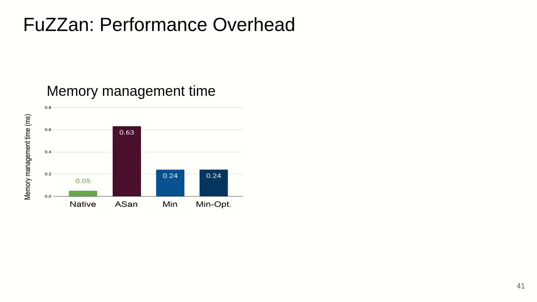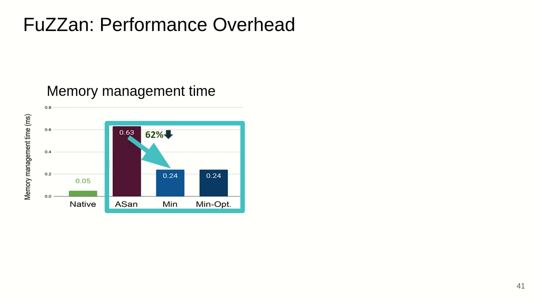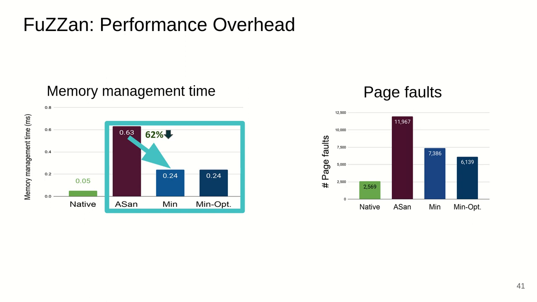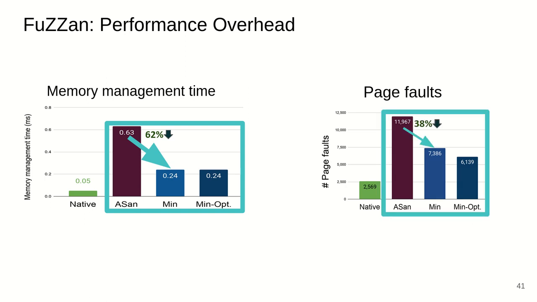Let's look at performance overhead for memory management time, and we see that we were able to drastically reduce the overhead for memory management by 62 times, and similarly reduce the page faults by a drastic amount as well. So in total, quite a bit compared to AddressSanitizer.